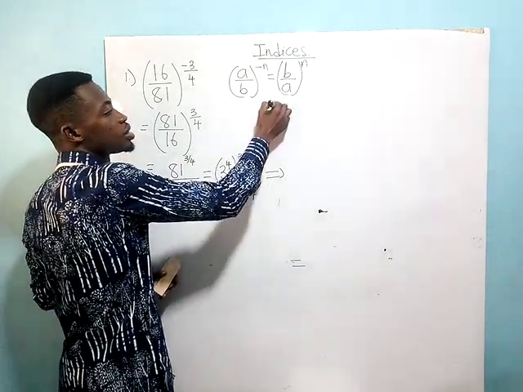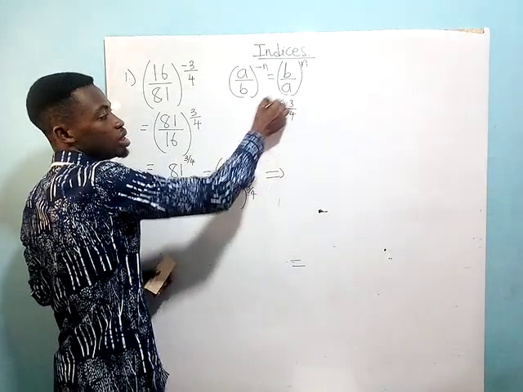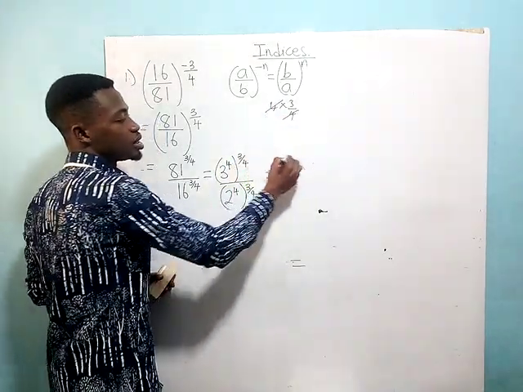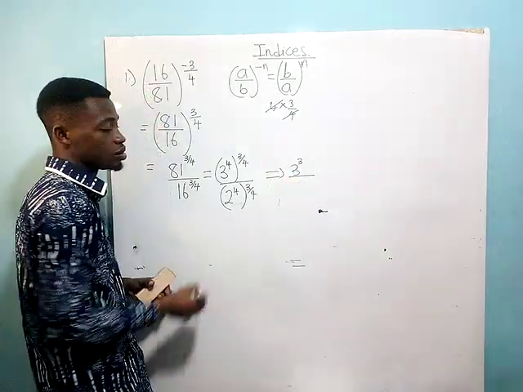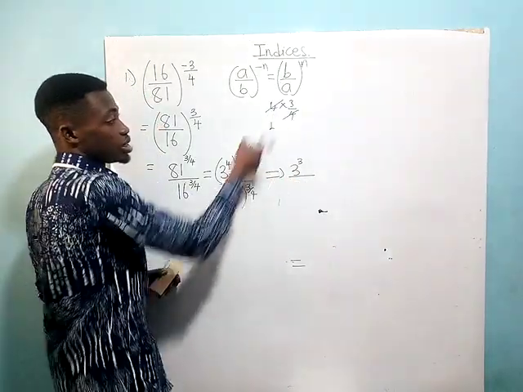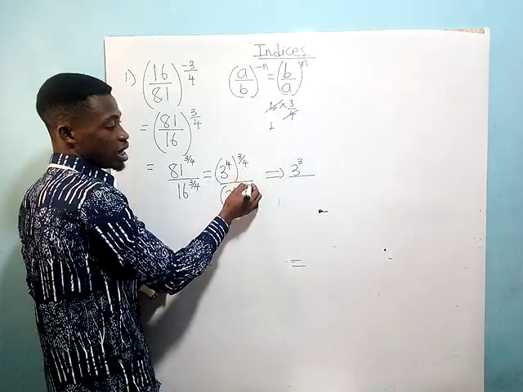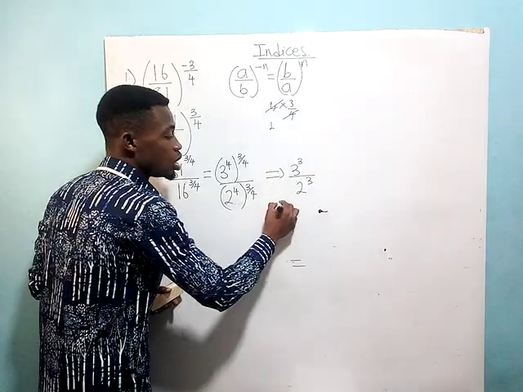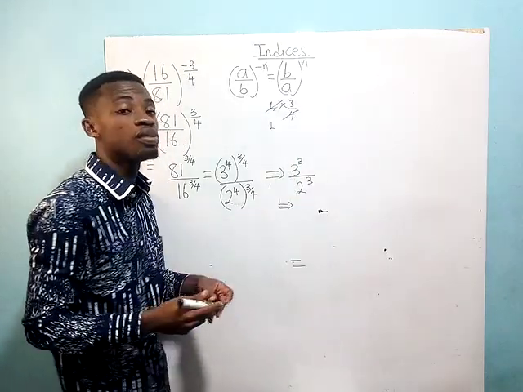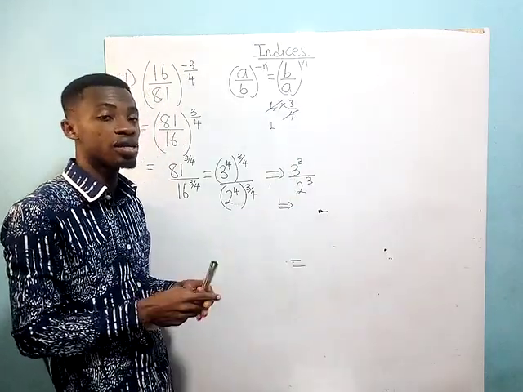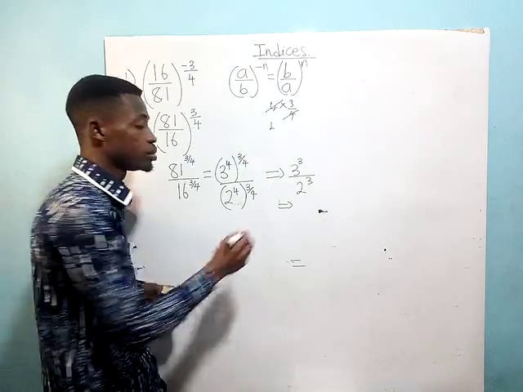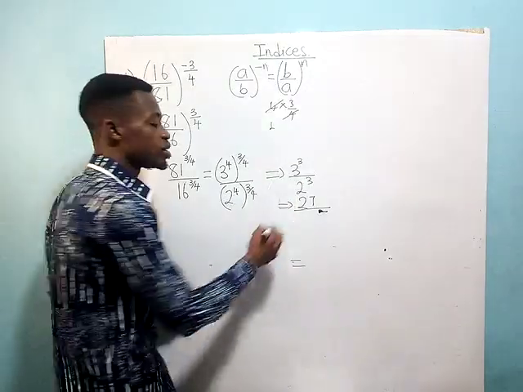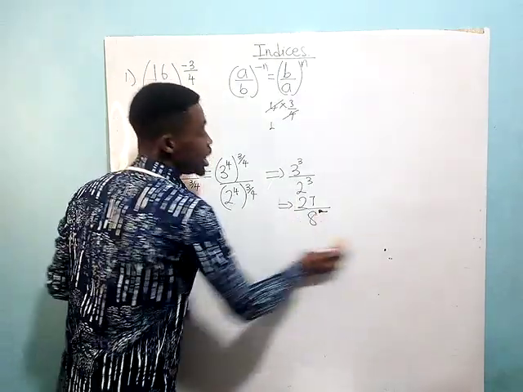So 4 times 3 over 4, this 4 cancels out. So now we are left with 3 here onto the power 3. Then here also 4 cancels 4. We are left with 3, which is 2 to the power 3. And 3 to the power 3 simply means 3 times 3 times 3, giving us 27 over 2 to the power 3, giving us 8.